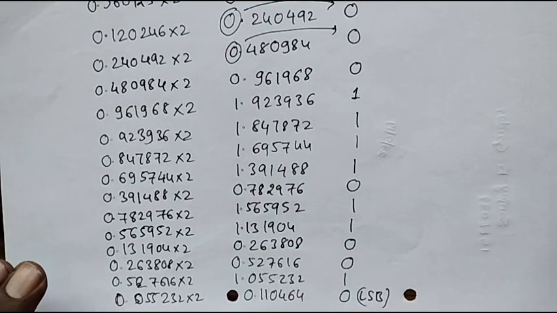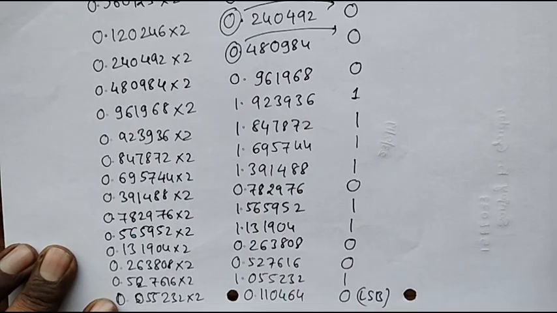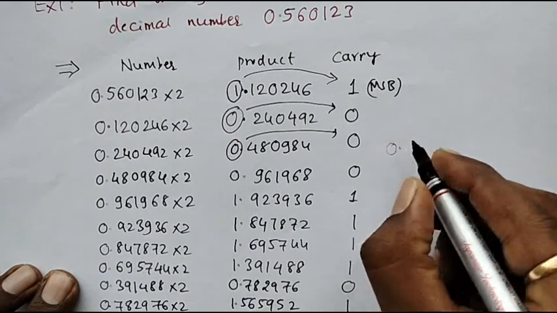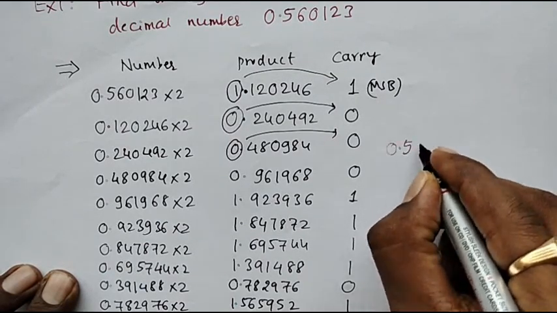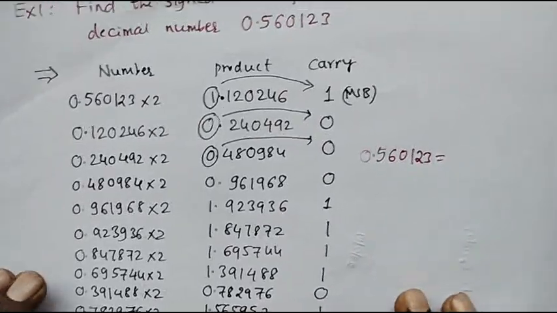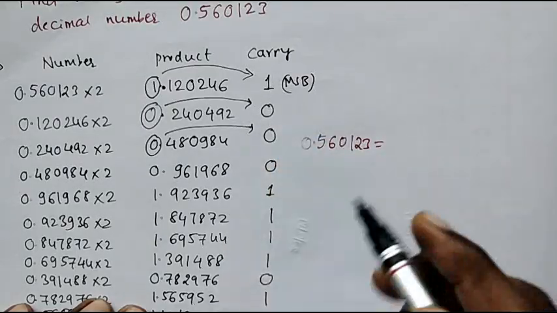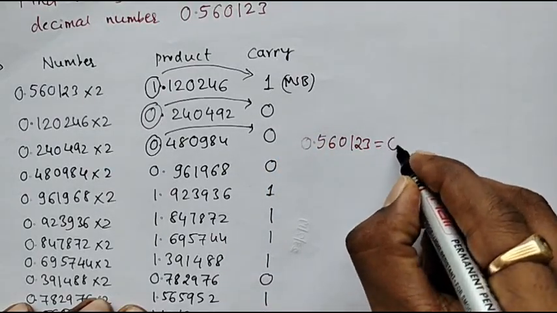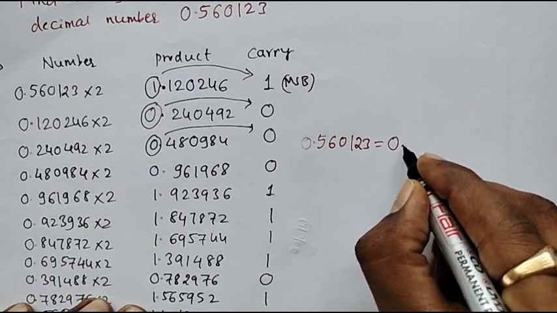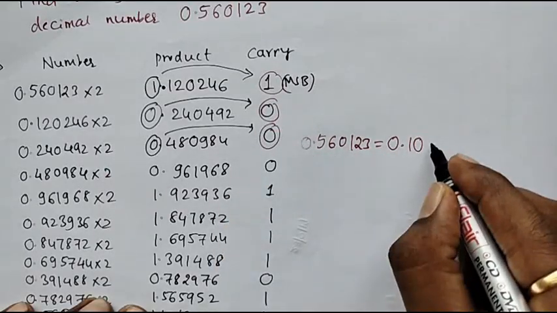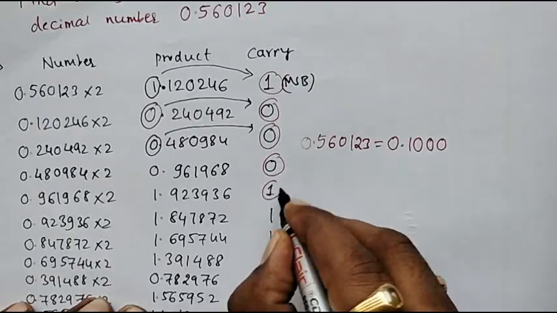After performing the multiplication 15 times, the last carry will be the LSB and the very first carry will be the MSB. Thus, in Q15 format, the representation of the given number 0.560123 is equal to, considering all the carry bits from top to bottom, 0 as the number is positive, then 0.1 0 0 0 and so on.